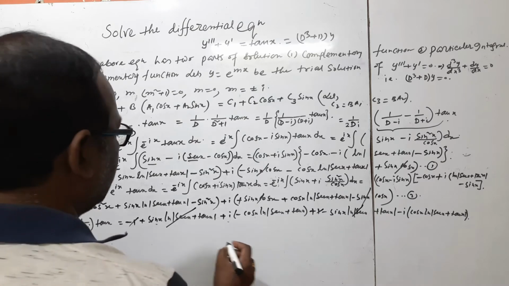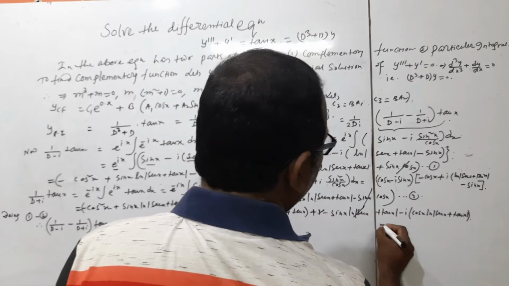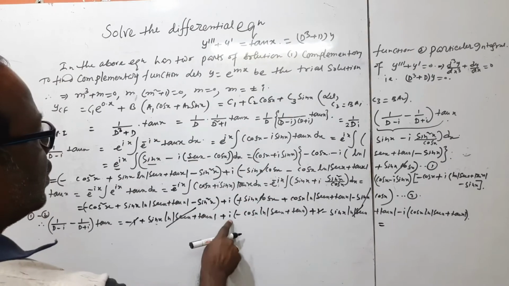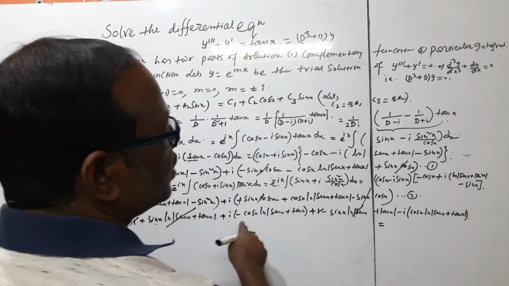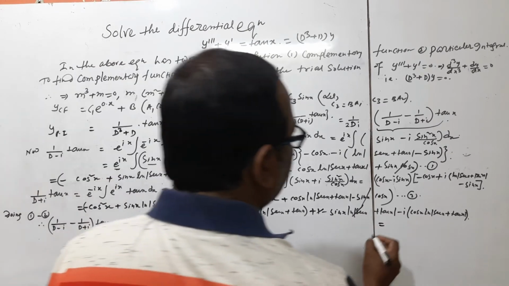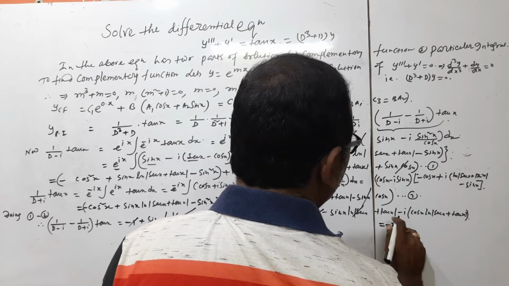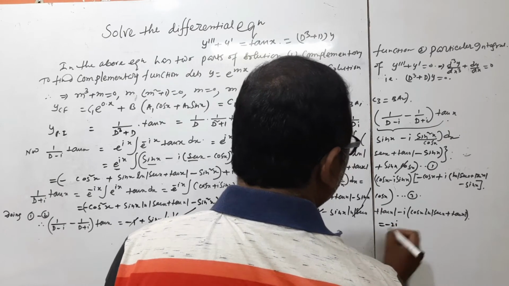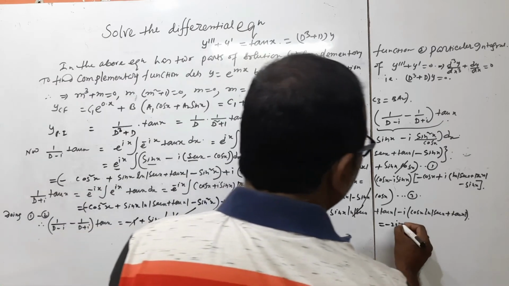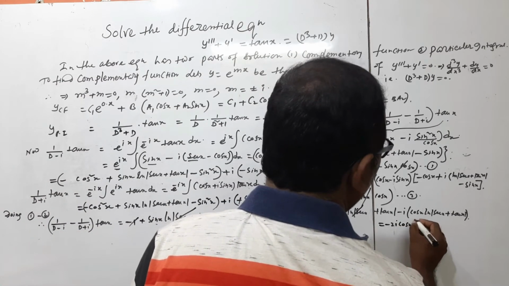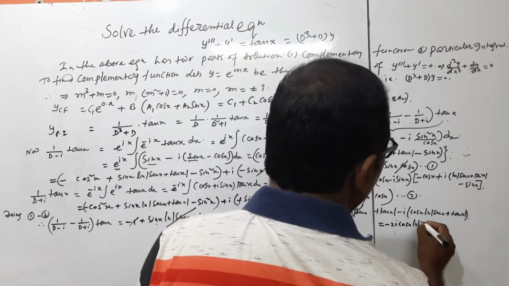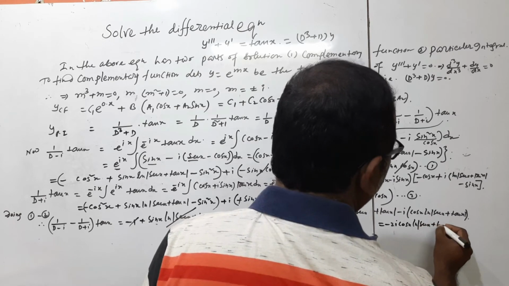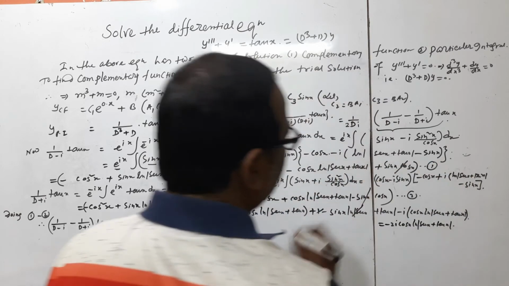We are left with only the part here, 2i, these two parts are the same, so this is here minus 2i, minus 2i, and the cos x and ln mod sec x plus tan x.